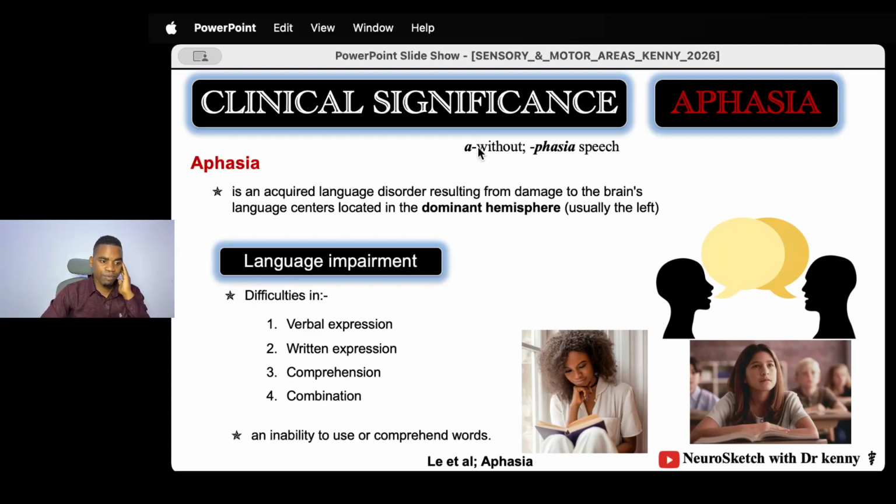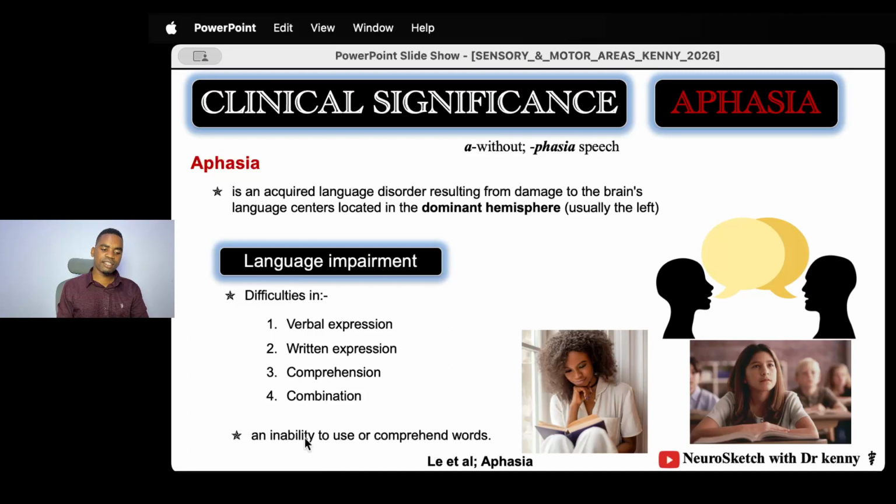So the key here is language impairment, and in language impairment the patient has difficulties with verbal expression, written expression, comprehension, or a combination, and this will give different types of aphasia. We have different types, but we're only going to talk about two: Wernicke's aphasia and Broca's aphasia. The key here is the ability to use or comprehend words.